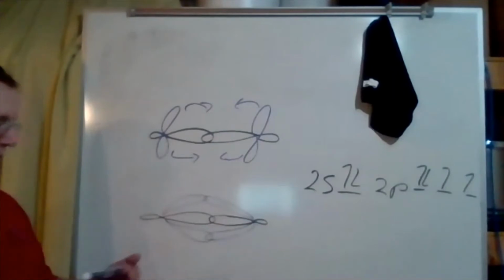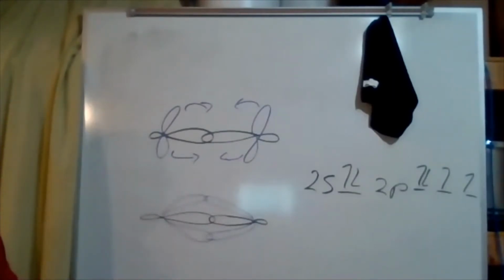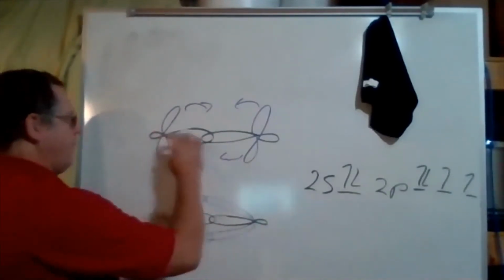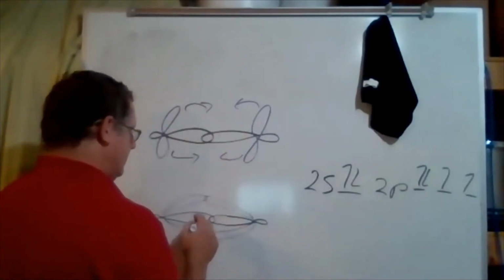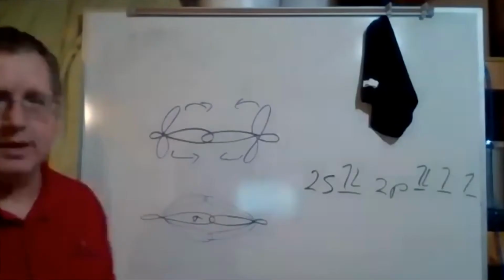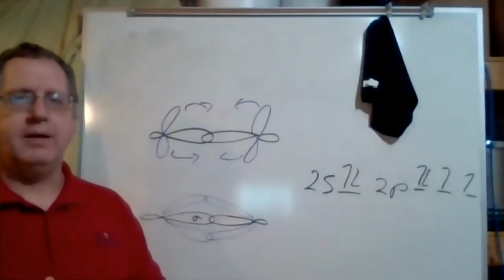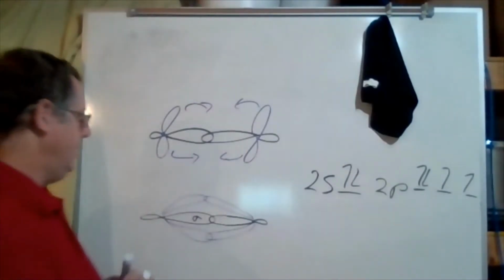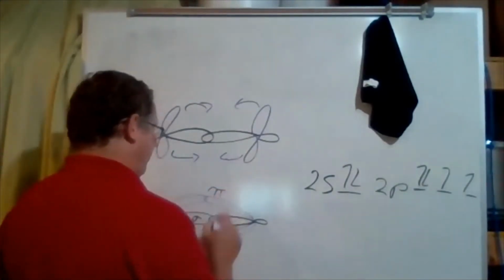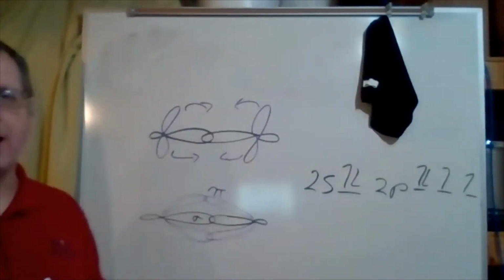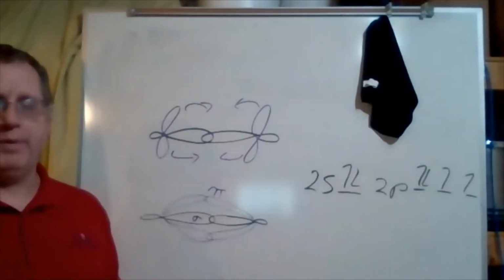There's only two bonds. Now, we refer to a bond which we have overlapping directly between the atoms as a sigma bond, the Greek letter sigma. And pi bond is the name we give to the double overlap, which forms from p orbitals.